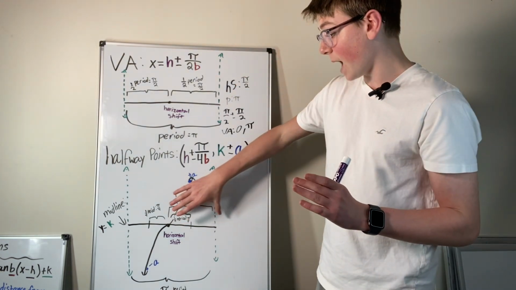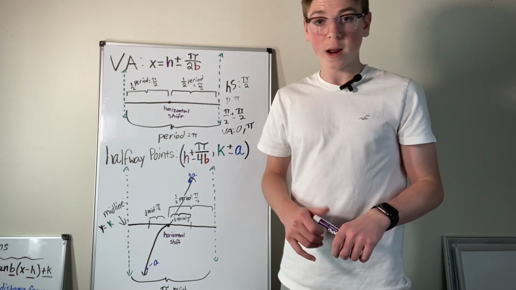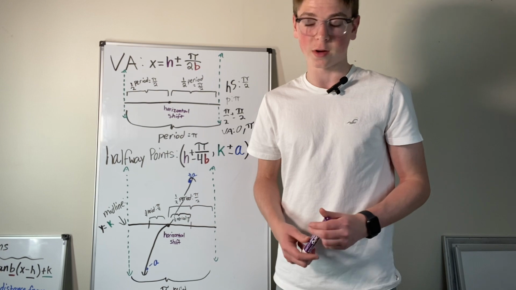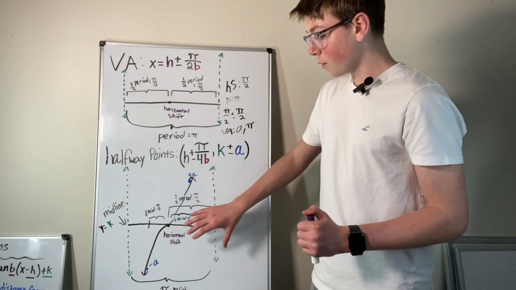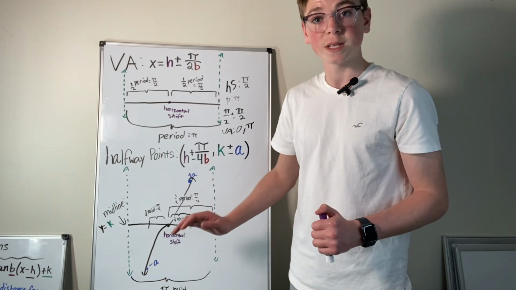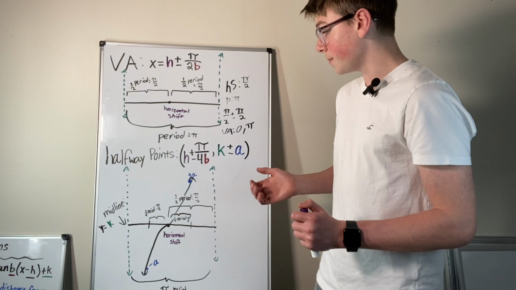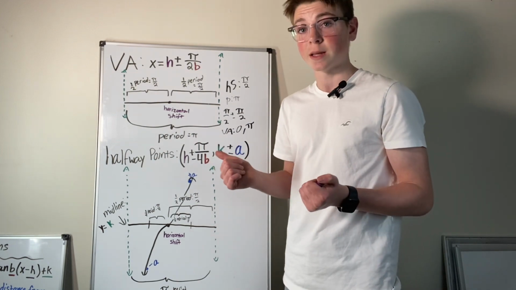So if 1/2 your period is from the horizontal shift to the asymptote, 1/2 of that is 1/4 of your period. So from the horizontal shift to a halfway point on both sides is 1/4 of your period. So that is where pi over 4 comes in.